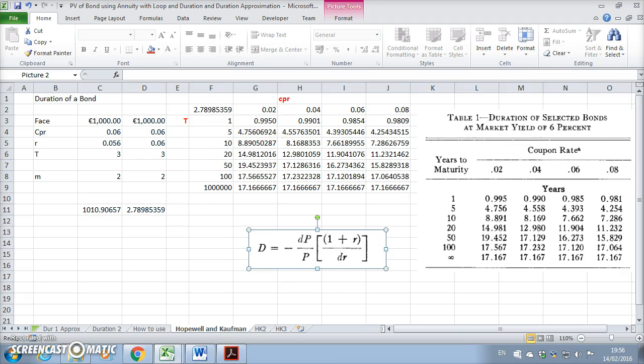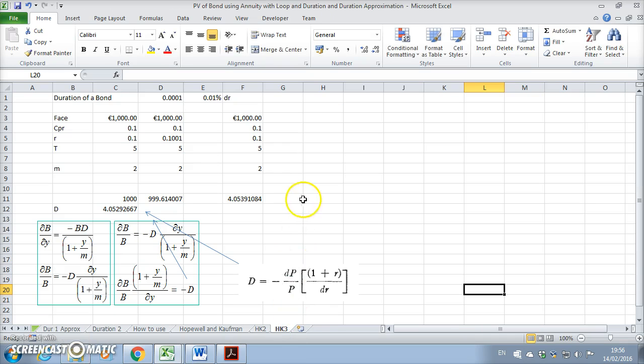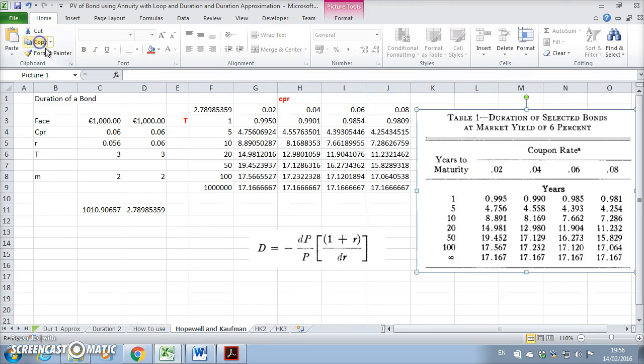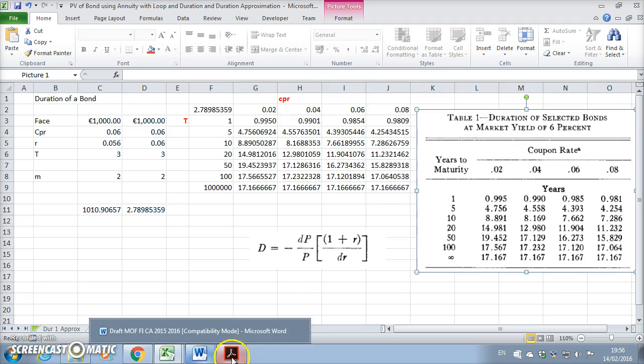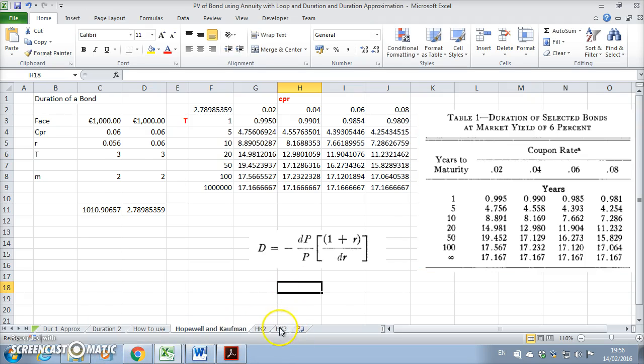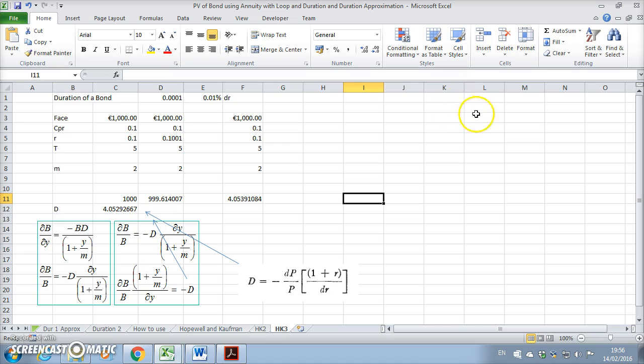So I'll pause and I'll copy just the basic table in. So let's use the numbers again from table 1. Let's copy this and go back in and paste.